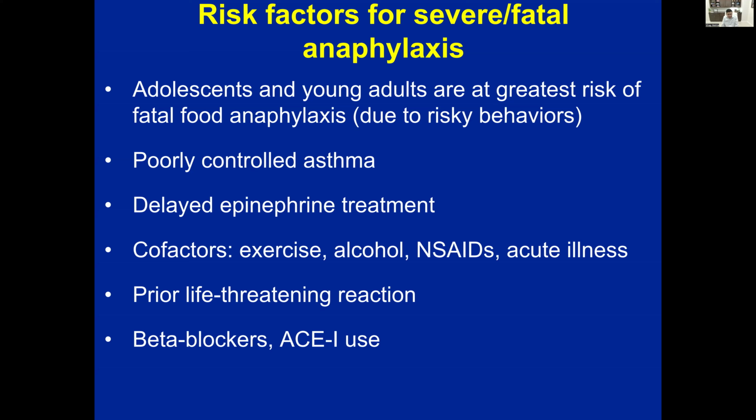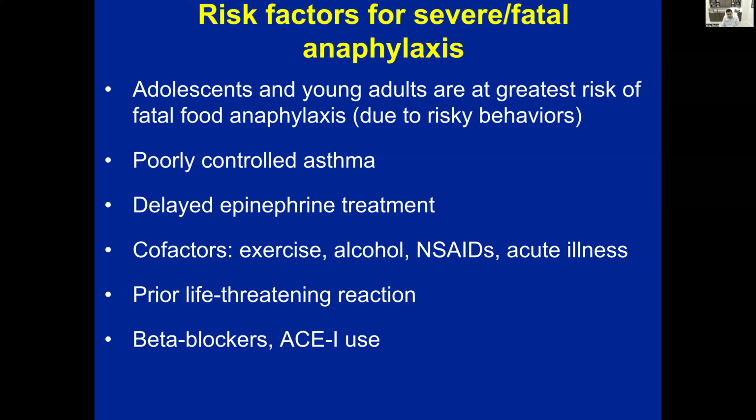Again, these are speculative theories, but you tend to absorb more of the food when you exercise. In general, you are more prone to vasodilatation when you exercise, because your body needs more blood flow. So that is potentially one reason.